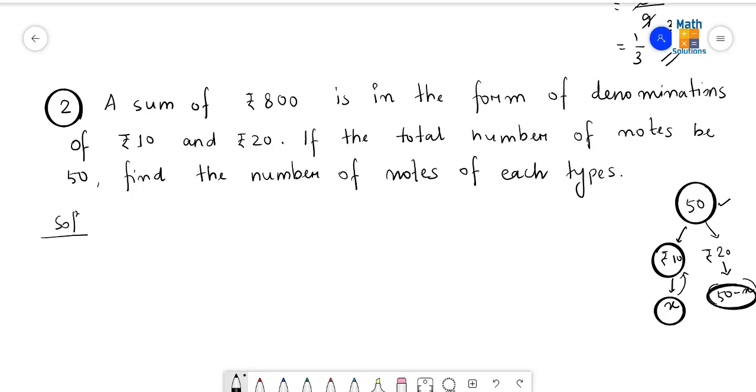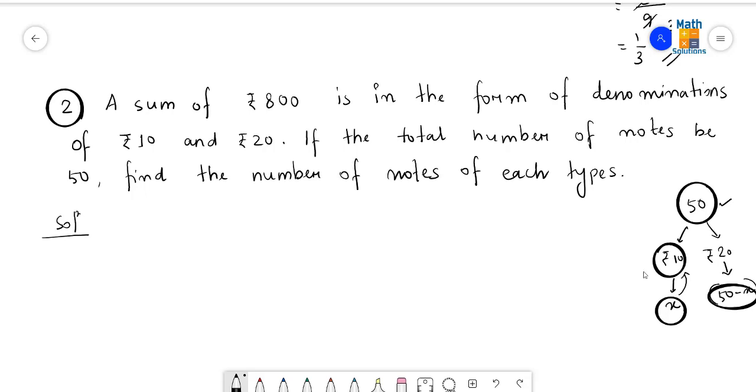So in this case, the first thing that I have to consider is the number of notes of rupees 10 be x. But before that, what do we need to write? We need to write that the given total number of notes, how much is it given to be? Equals 50.